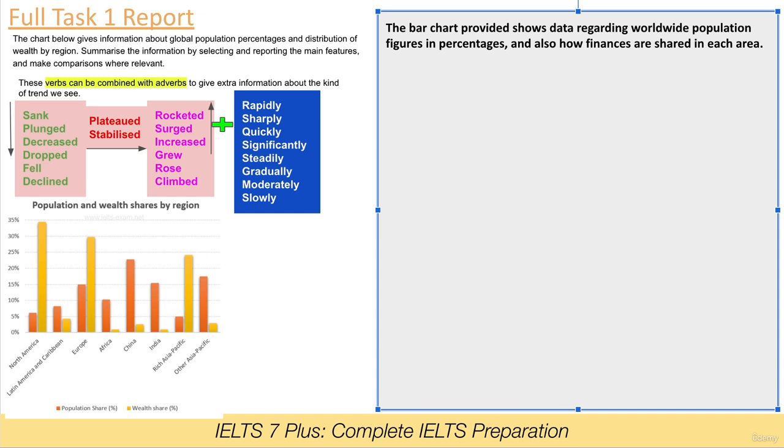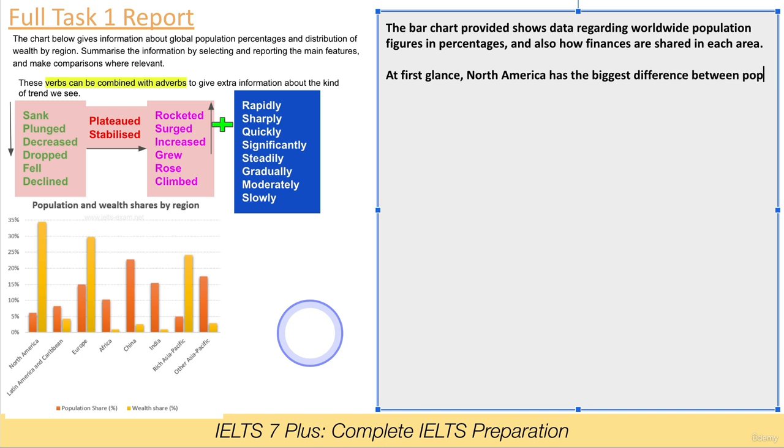Okay, so let's now go into our overview. And we can start this by saying maybe at first glance, North America, so we're being very general here, North America has, we don't have a year actually, we don't know when this is taken, but that's okay, has the biggest difference between population and wealth share.